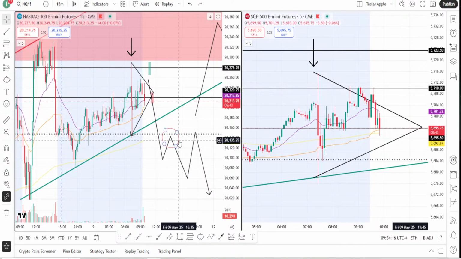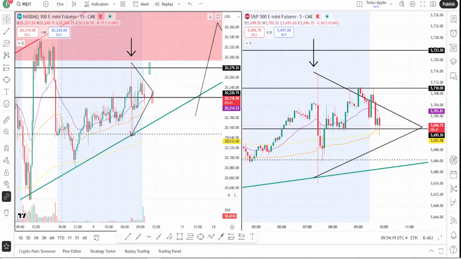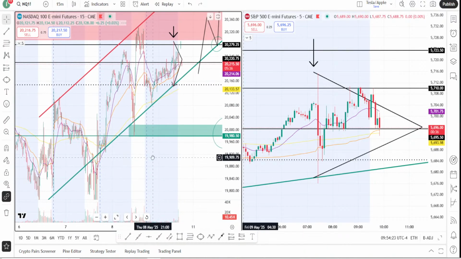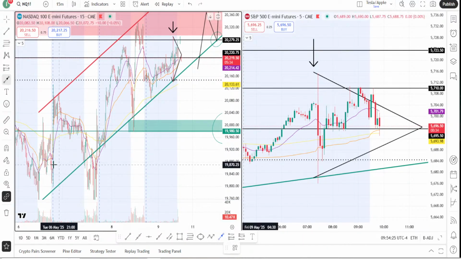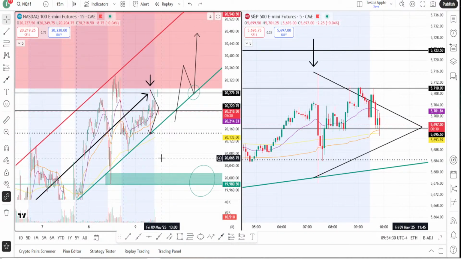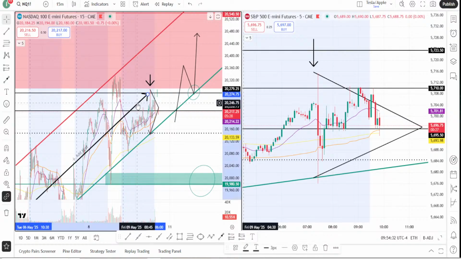But at least we know we have a bullish channel. We have a bullish channel here. Price is traveling higher and higher. So I would prefer to buy as long as we're inside of this channel. I prefer to buy.